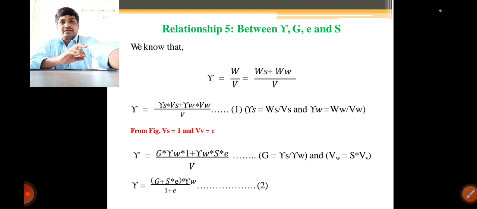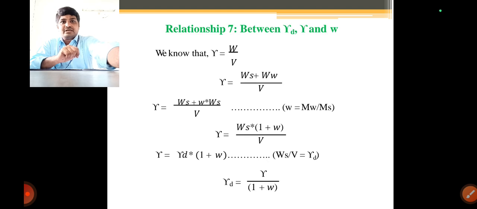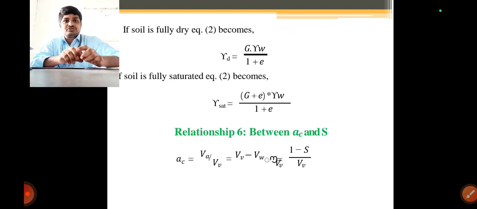We get the relationship between gamma, capital G, small e, and S: gamma is equal to (G plus Se) divided by (1 plus e) into gamma w. And one more relation we get between Ac and S, that is Ac is equal to (1 minus S) times the volume of voids.